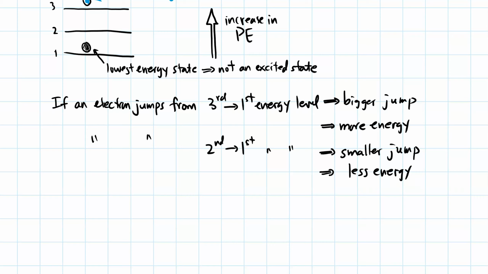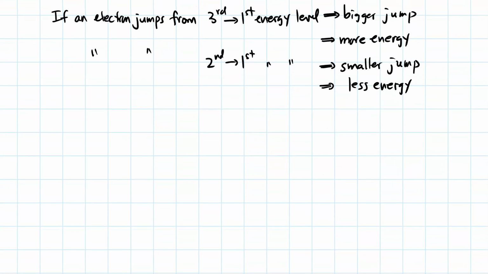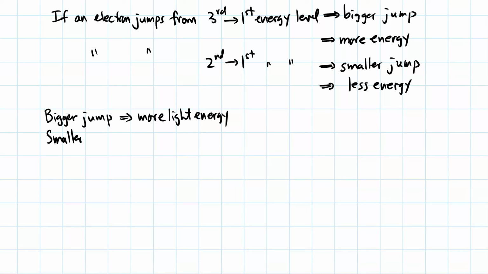But the way this relates to light emission is a bigger jump implies more light energy. A smaller jump means less light energy.